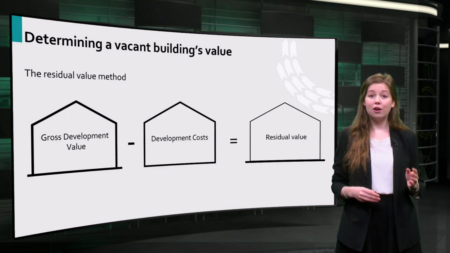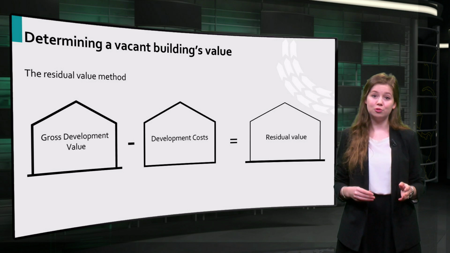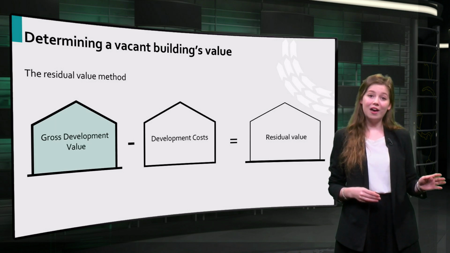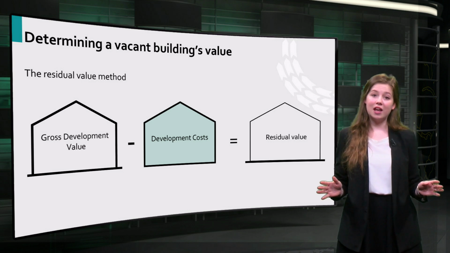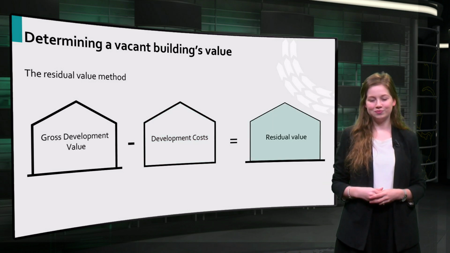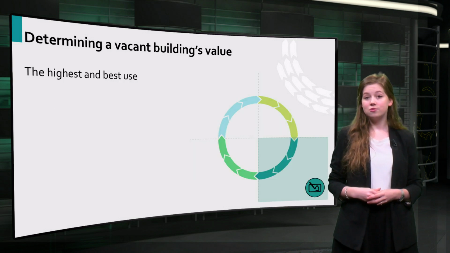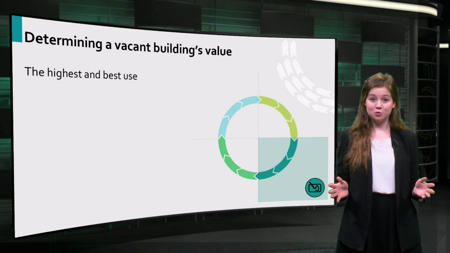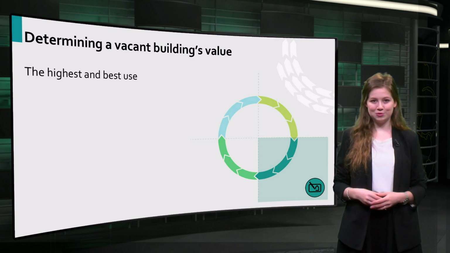So, you calculate the residual value with the following formula. The gross development value minus the development costs equals the residual value. If you want to find out which reuse concept is most feasible or profitable for a specific building, you can determine the highest and best use.